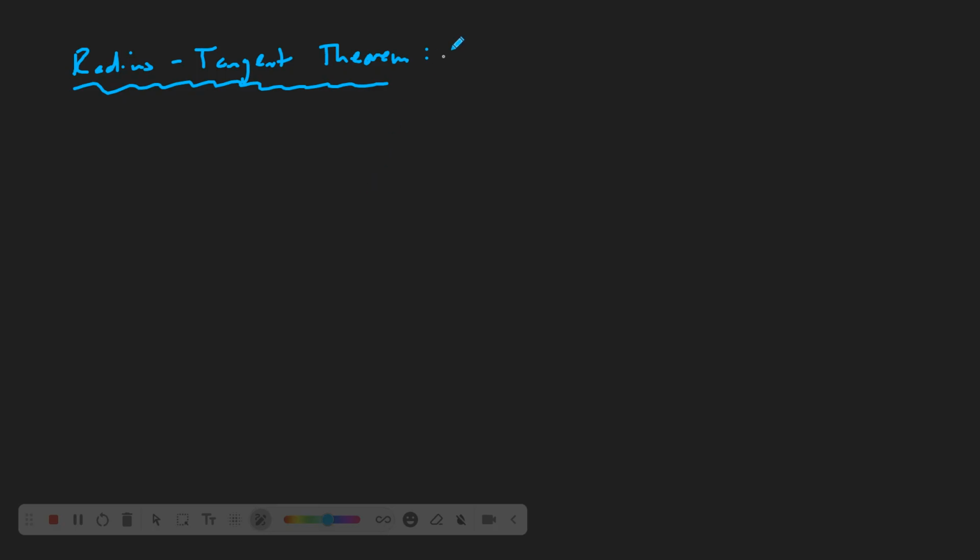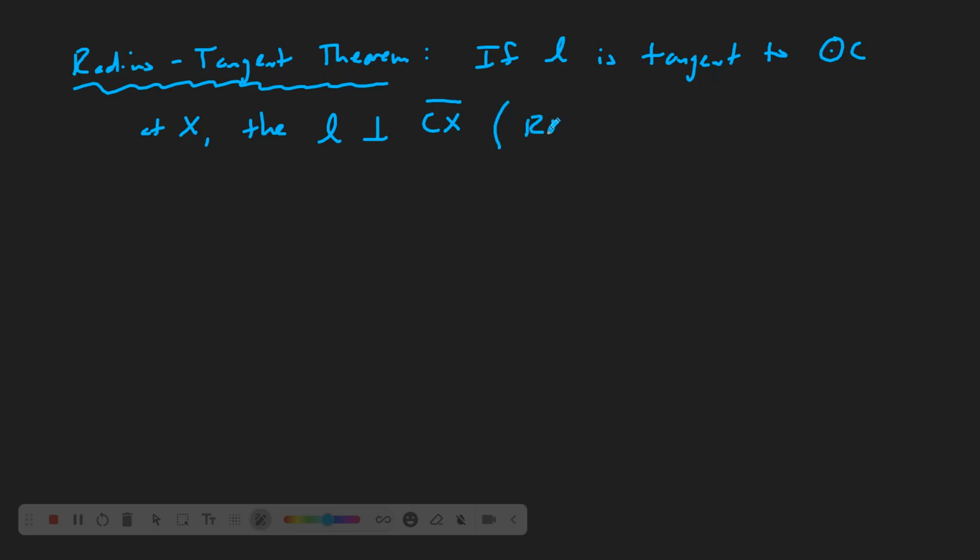So the radius tangent theorem says if L is tangent to circle C at X, and this is the same picture we just had, right? Then line L is perpendicular to segment CX. And again, let's recall that perpendicular means we create right angles, right?